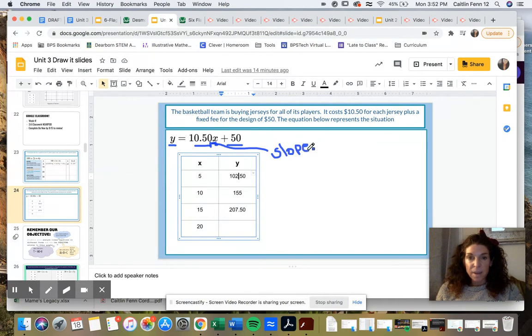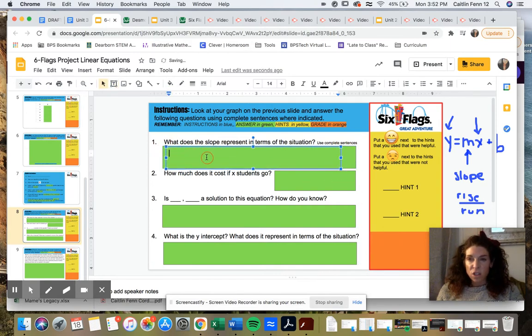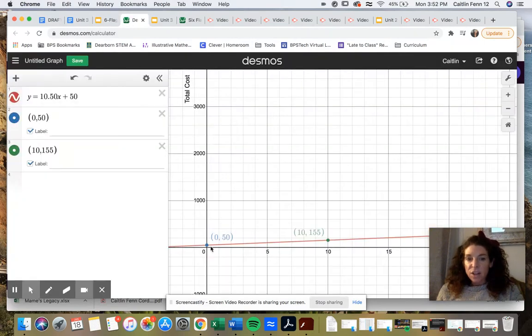That's our m in this situation, the number in front of the x. Okay? And what we're going to think about here, what does it represent in terms of the situation, is we want to think about, as the x changes, what is happening to the y.